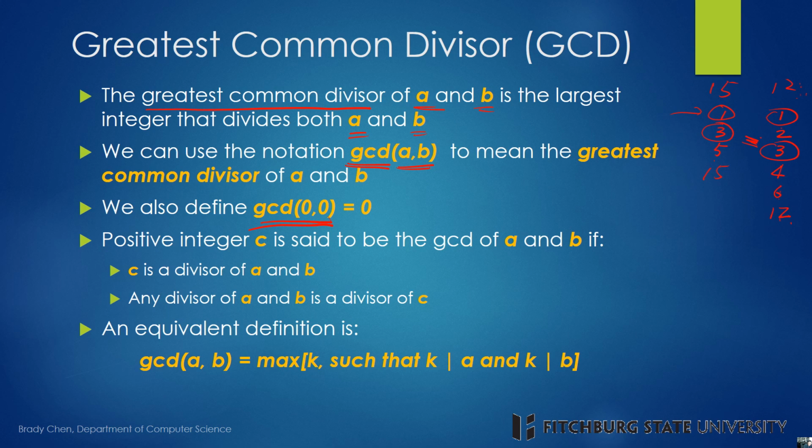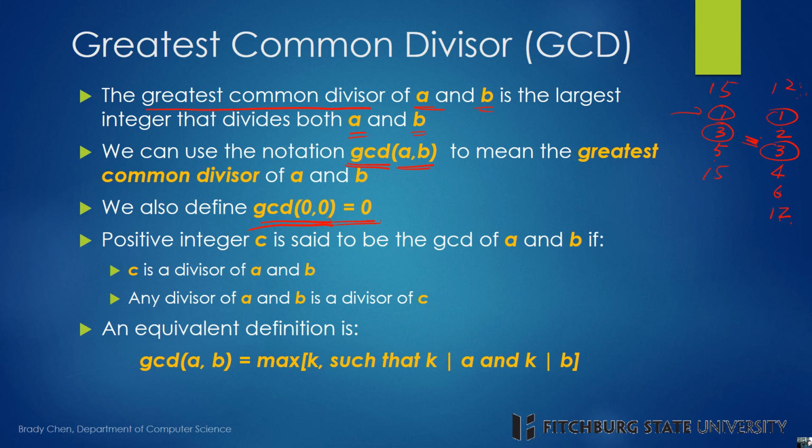Honestly, the GCD of 0 and 0 can be any number if we don't actually define this. So in math, we have to assume that the GCD of 0, 0 is 0, because 1 is also a common divisor of 0, 0, because any number is a divisor of 0.